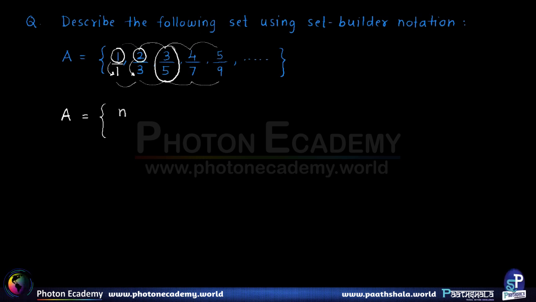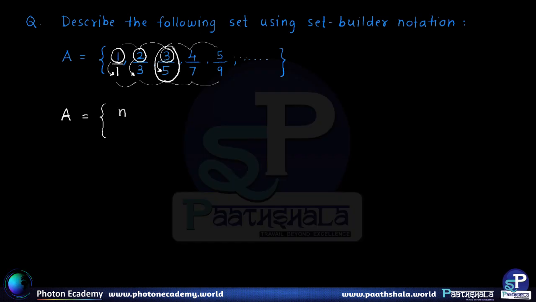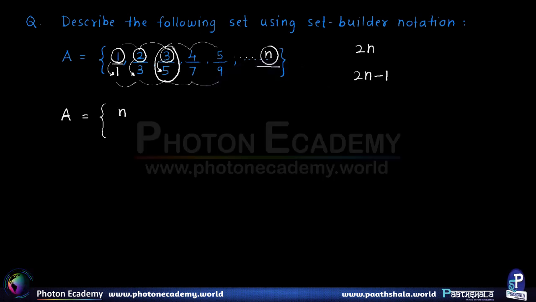We know that it is 3, and so on. We can see that numerator is 3 and the third odd number is 5. So going on in this way, in general we can consider the numerator as say n. Now in that case, how do we describe the nth odd number? We know that the nth even number will be 2n, but the nth odd number will be 2n minus 1.